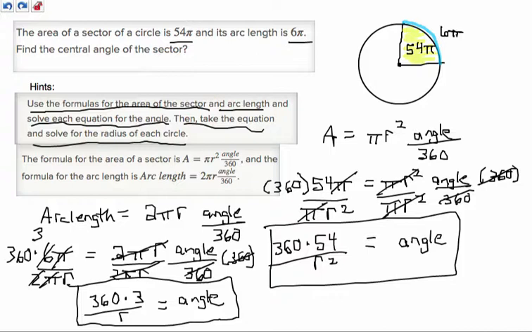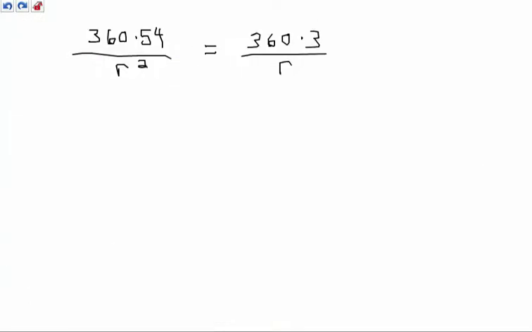So we can substitute this value in for this angle value, and then we'll have an equation. So when we set those two equal to each other, we get 360 times 54 over r squared equals 360 times 3 over r.